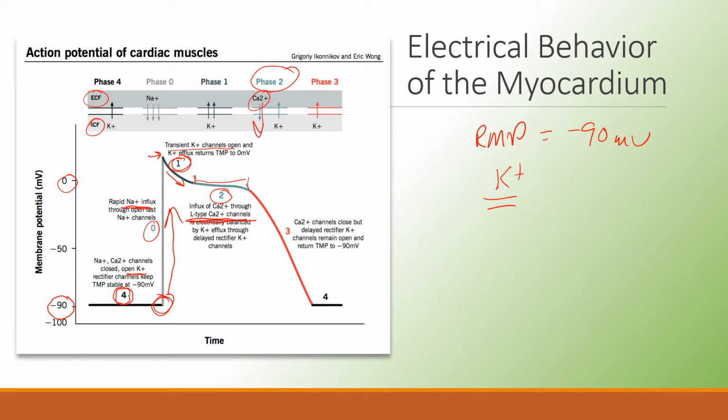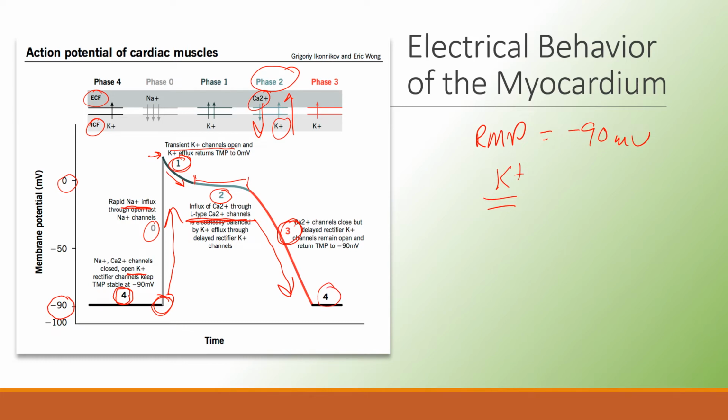Calcium is moving inside the cell as potassium is leaving outside, and then we reach that plateau. At which point the L-type calcium channels are going to close. They just inactivate, and the potassium channels remain open during phase 3. And since the potassium channels remain open longer, potassium continues to move out of the cell. So as it loses more and more positive ions, we start to repolarize during phase 3, and then we're back to phase 4.